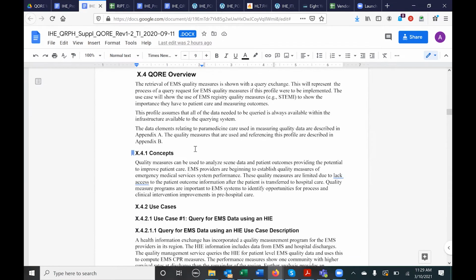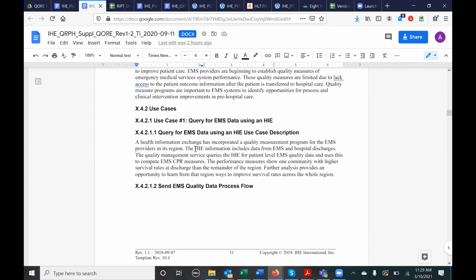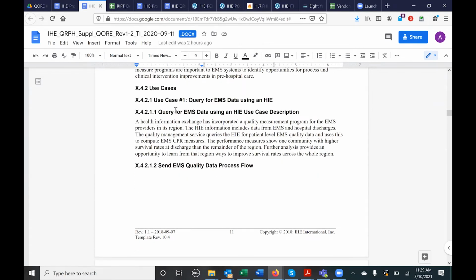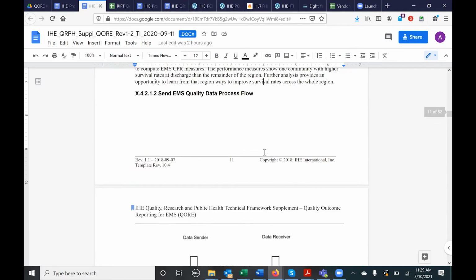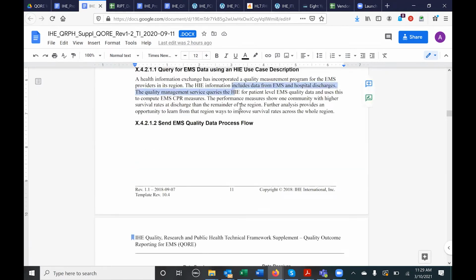So we can go through our overview, and we have a few use cases. Query EMS data using an HIE, which goes through a story level use case for that.